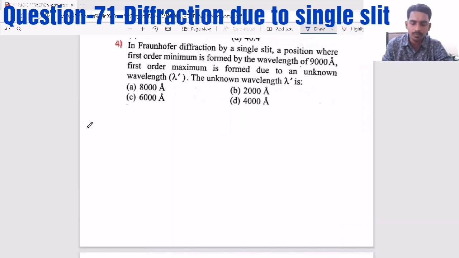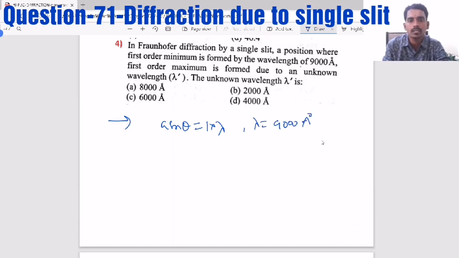Now the next thing is in Fraunhofer diffraction by a single slit. So again first minima, that is A sin theta equal to 1 into lambda, where lambda is given as 9000 angstroms. First order maximum is found due to an unknown wavelength, that is A sin theta equal to (2 into 1 plus 1) by 2 into lambda dash, the unknown wavelength.